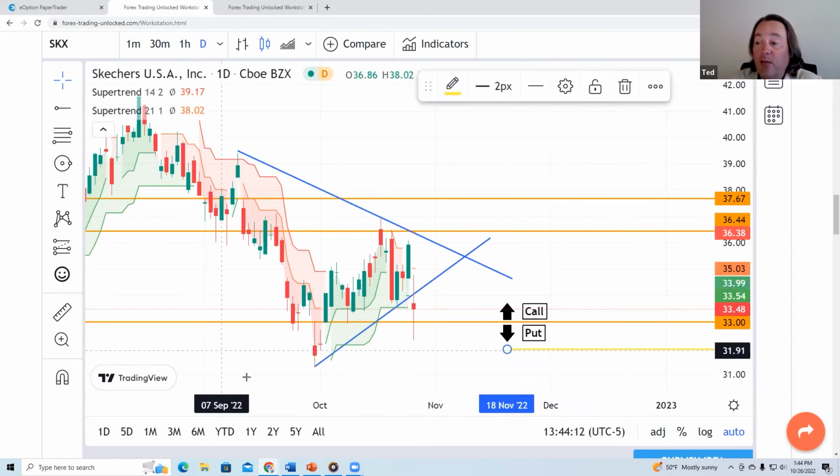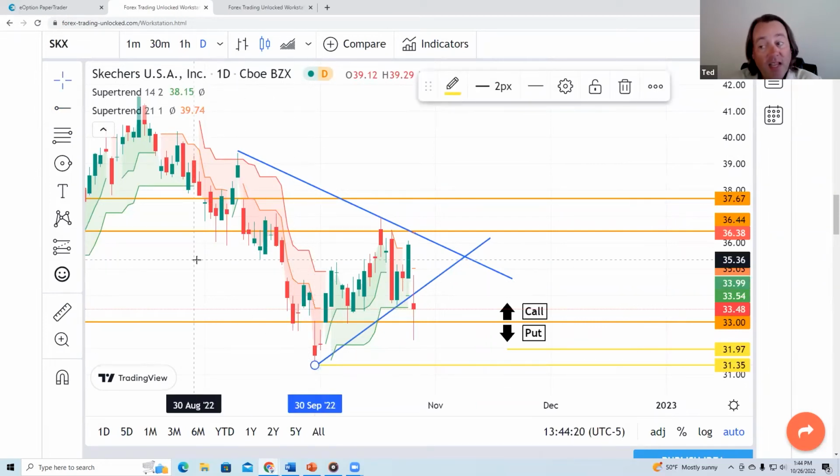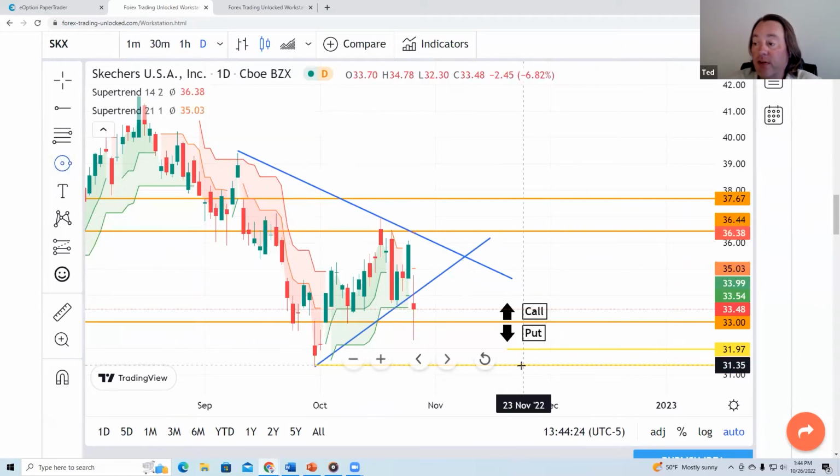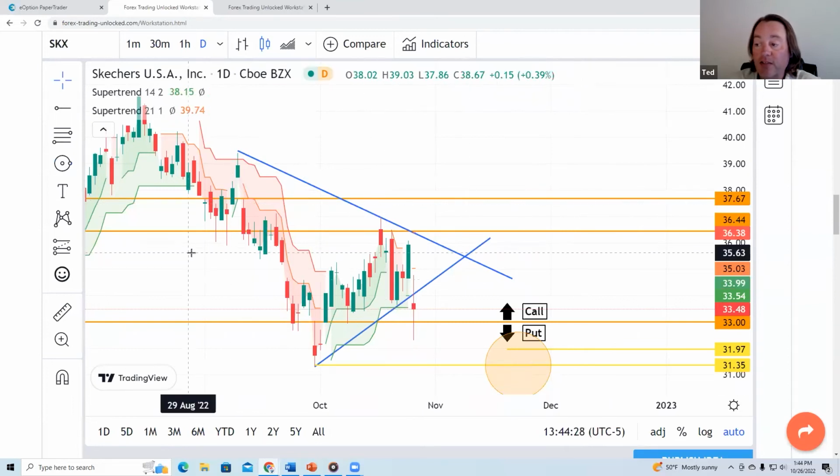I mean, if you look at it, we just made a lower move high. If we go to take out this low that we had set back at the end of September, and the trend has you eyeballing that, then it is very likely that we could hit this level before expiration comes.